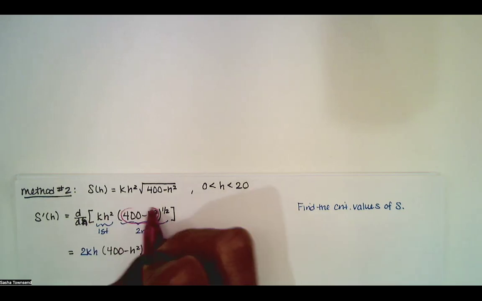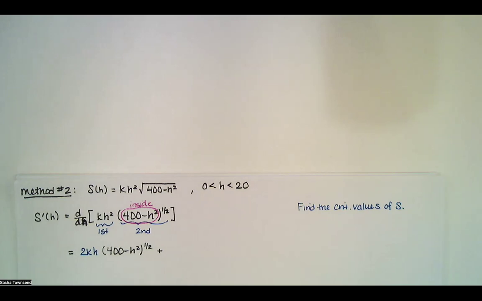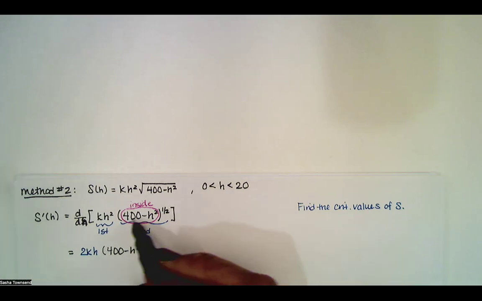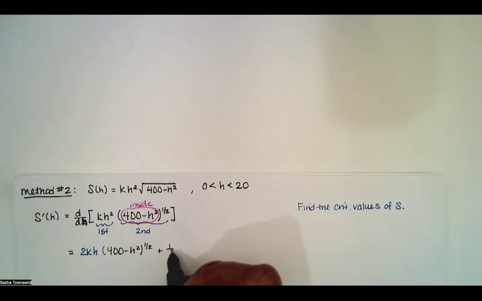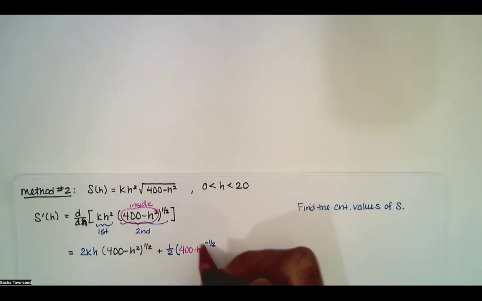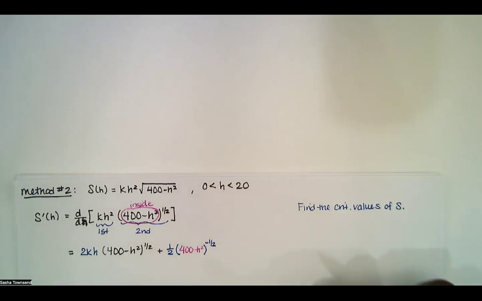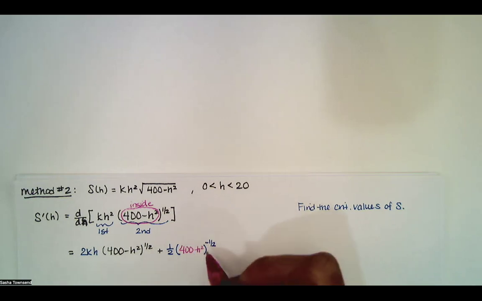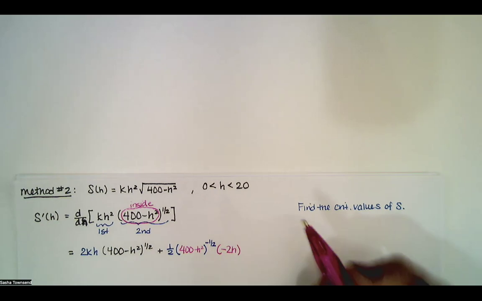Now that second function has an inside function and an outside function, so we have to use the chain rule. The derivative of a function raised to the 1/2 is 1/2 of that function to the negative 1/2. Then we put the inside function back inside without changing anything at all. And then we multiply by the derivative of the inside by the chain rule. The derivative of 400 is 0. The derivative of negative h squared is negative 2h.